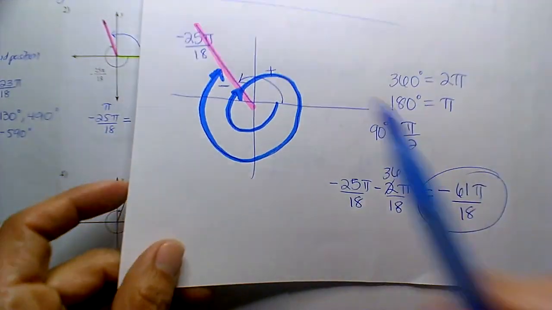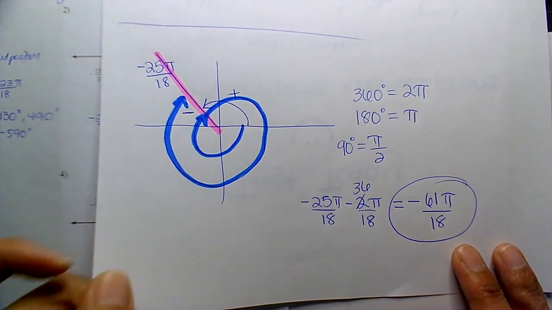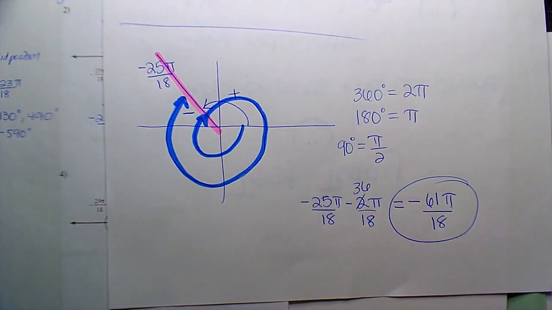Okay. All right, if I want the positive revolution, this is where you have to figure out what you prefer. Are you happy working off of 2 pi, or would you rather work off of pi? Remember, pi is 180 degrees, because see how this pink angle is in quadrant 2? 180 is that half, which is pi.